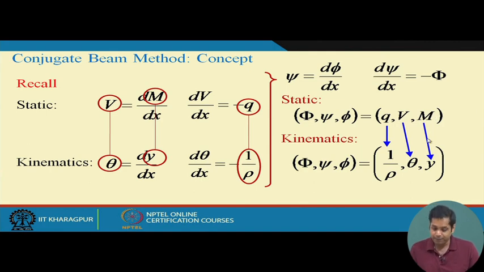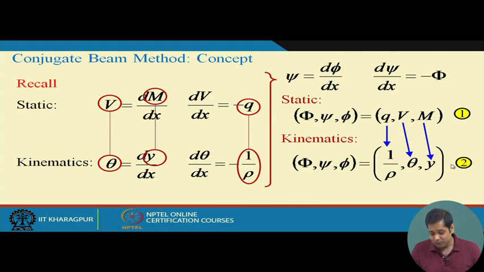In other words, suppose we have two systems, system 1 and system 2. In system 1 our variables are q, V and M, and in system 2 the variables are curvature, slope and deflection. We also know how these variables are related to each other, and in the same way, those variables are also related to each other, right.